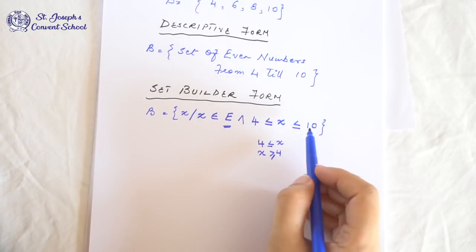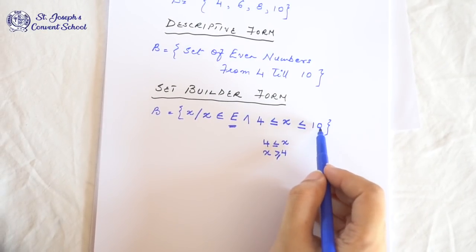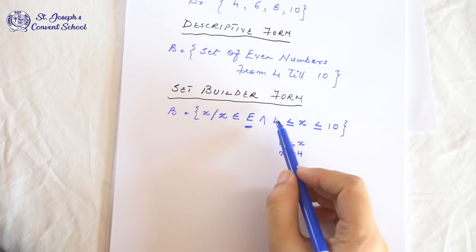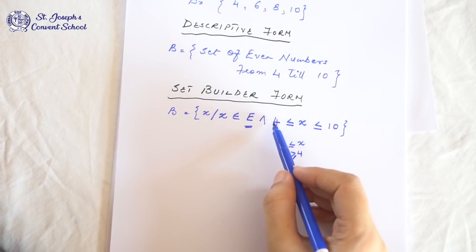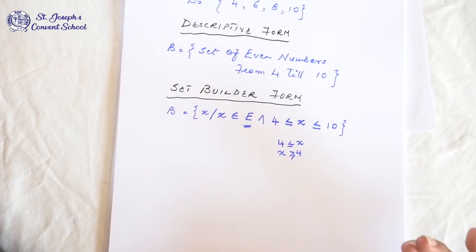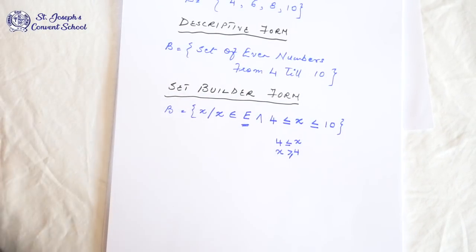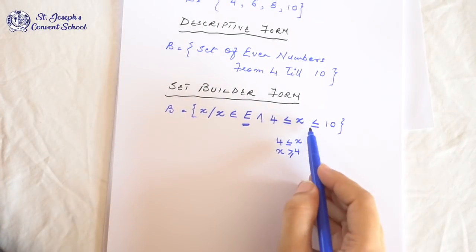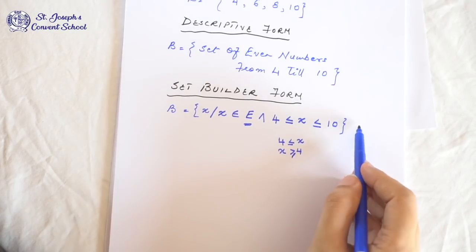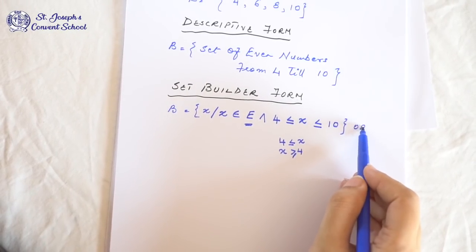And this part, x is less than 10, numbers less than 10 are 8, 6 and numbers are till 4. There is no 2. So numbers less than 10 are 8, 6, 4. These are even. The equals to sign means that 10 is also included. So this is the correct method of writing it.